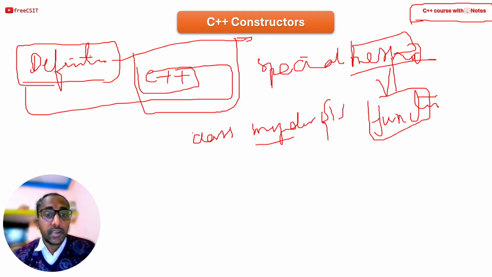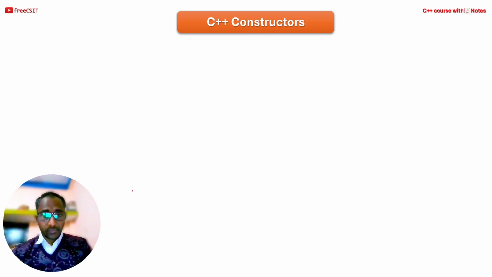This is the name of the class, and whenever we create the constructor function, the name of the constructor function would be the same as the name of the class. I'll show you, but before diving into the detail, you must know its definition and meaning.